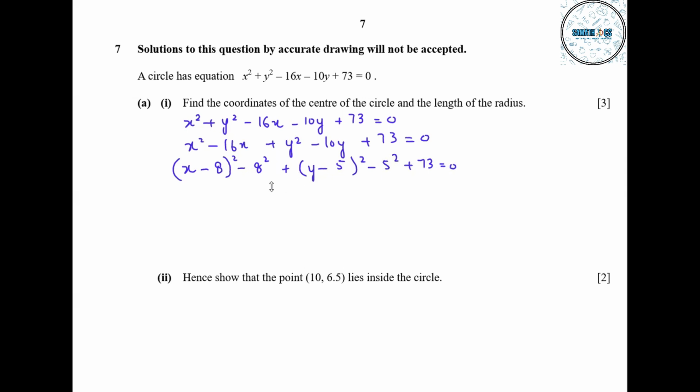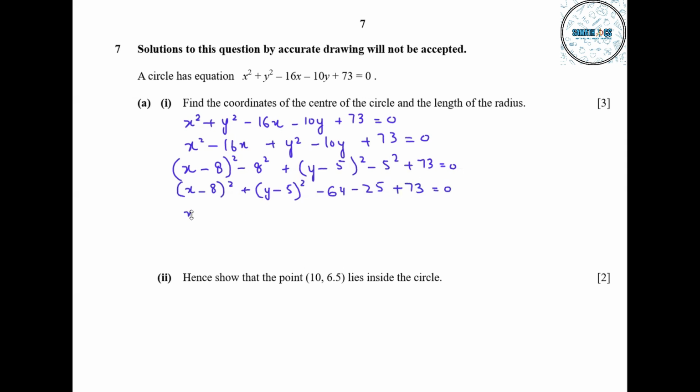So we will write x minus 8 whole square plus y minus 5 whole square, minus 8 square will be minus 64. We will write constant terms together. Minus 5 square can be written as minus 25 plus 73 is equal to 0.